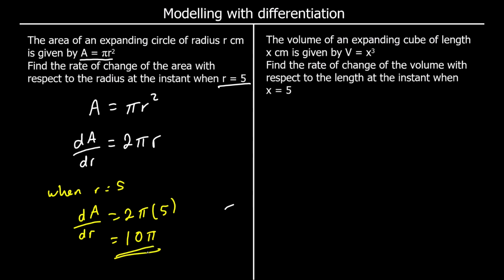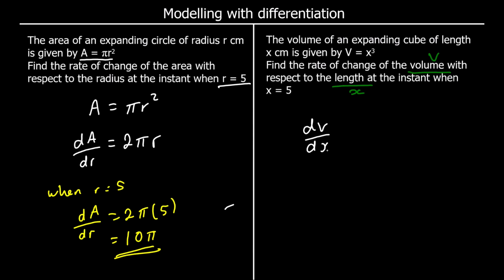Here's one for you to try. Give it a go. So the volume of an expanding cube is V equals x cubed, where x is the length. Find the rate of change of the volume with respect to the length. So the volume was V, the length was x, so it's dV/dx that we want.